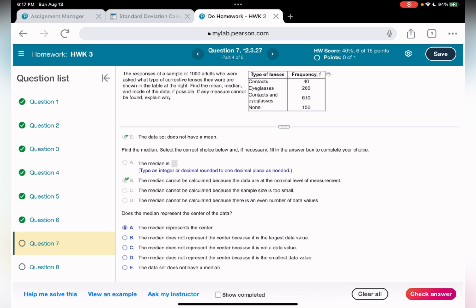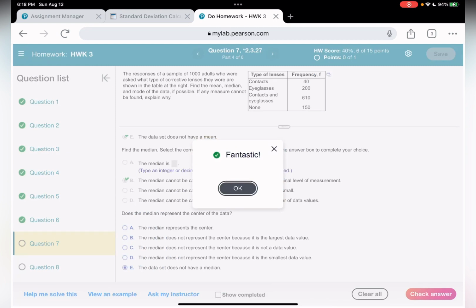The median does not represent the center because it is not a data value. The other one, this is the best one: the data set does not have a median. Fantastic.